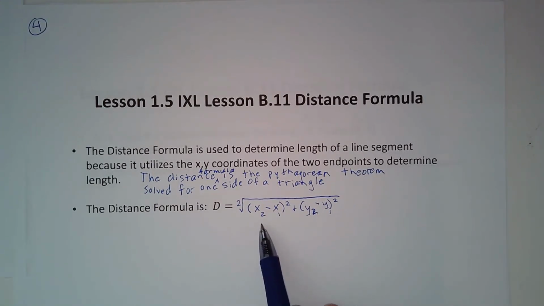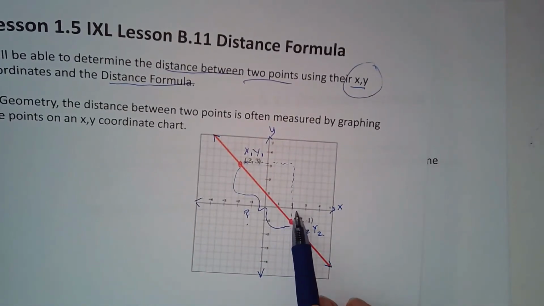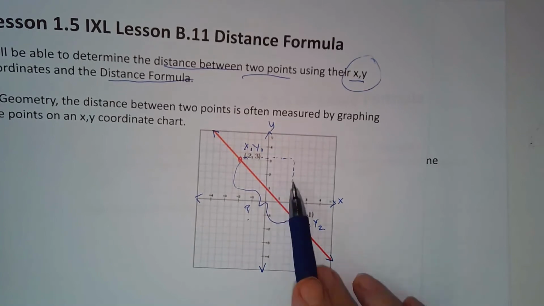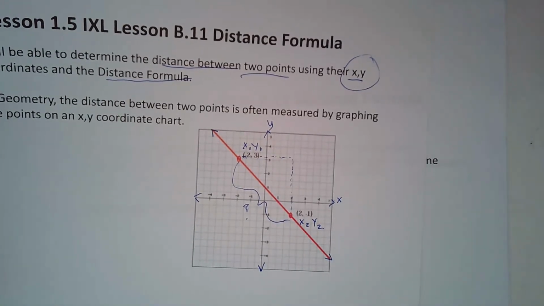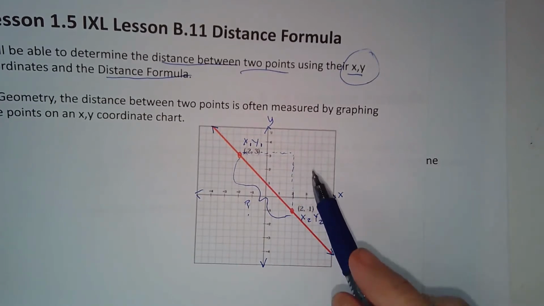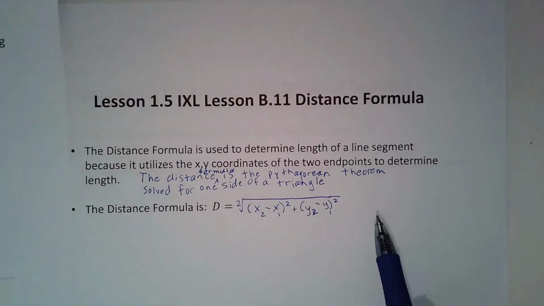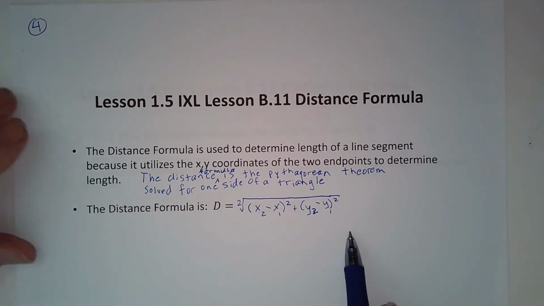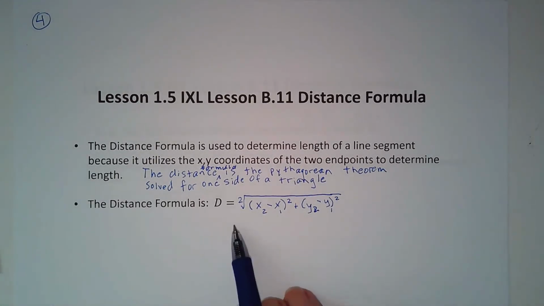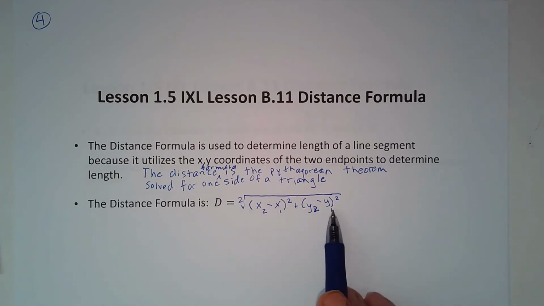After they got to thinking about it, those same people said, wait a second, I can use it for any line, because as long as I have a straight line, I can create 2 more lines to create a triangle. So any line on an XY coordinate chart can be measured using the distance formula as long as you have its endpoints.